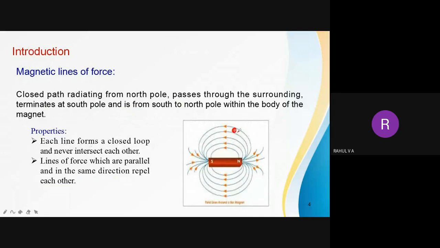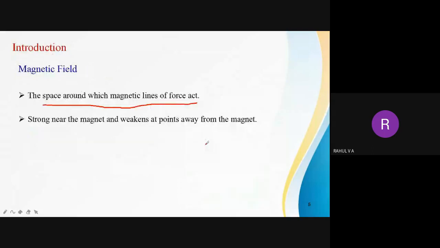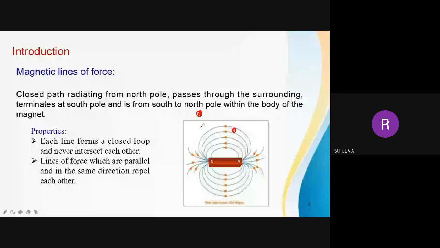But if I draw a point here, these magnetic lines of force don't have any effect on that. So magnetic field means the area where magnetic lines of force act. I can say these places have an effect of magnetic lines of force, so it is called a magnetic field.